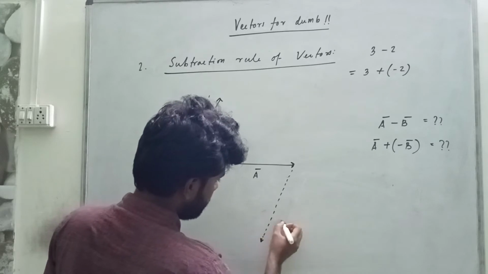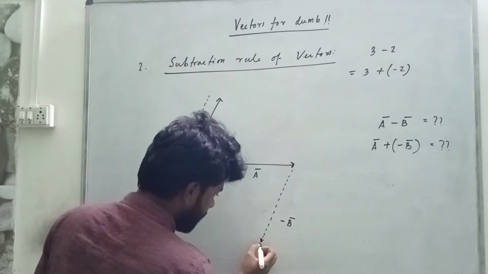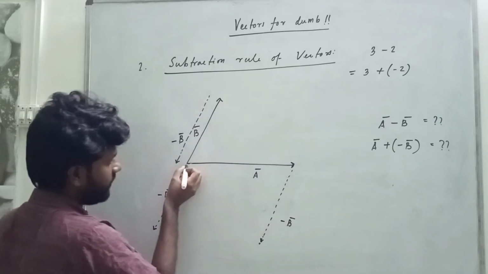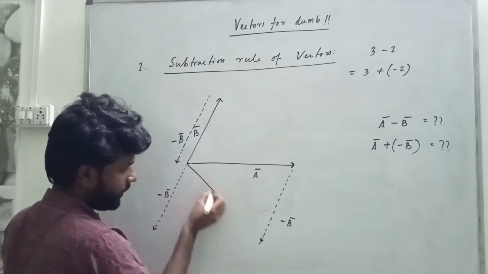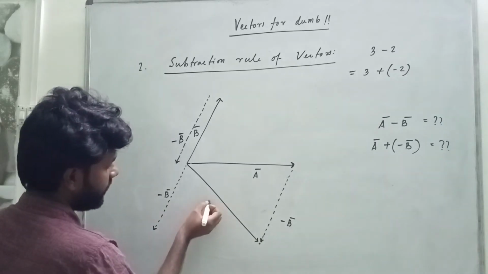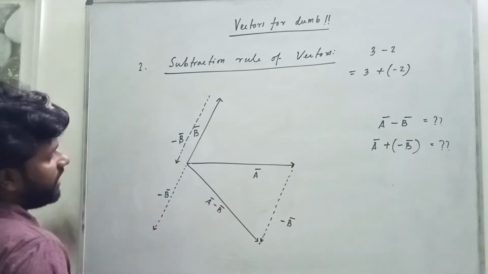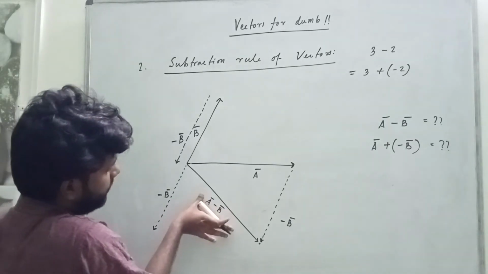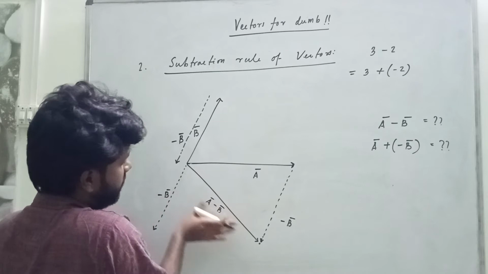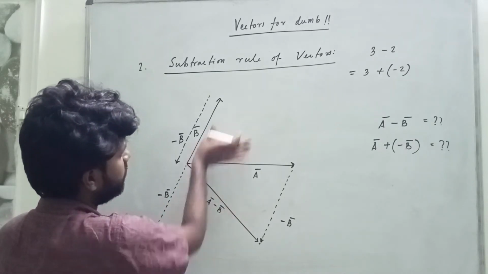So it is our minus B, and just put the dot here and join these two points. So it is actually here A minus B, right? A minus B is here. Just from here you transfer it from here to there.